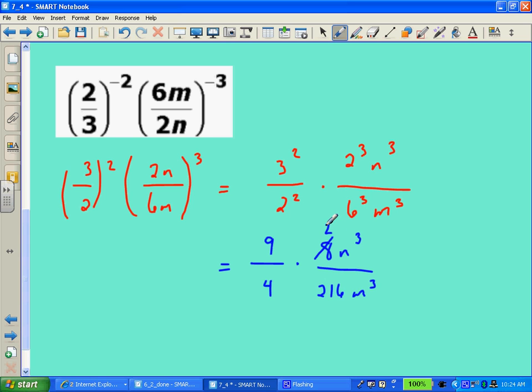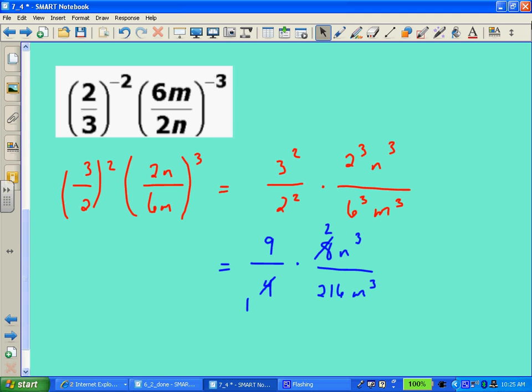Now, I can do a little bit of cross-reducing here before I go ahead and multiply. This 8 can become a 2, this 4 can become a 1. Now, 216 and 9, I'm pretty sure that 3 goes into both of those. Let's see. 3 is going to go into 216 72 times, I think.